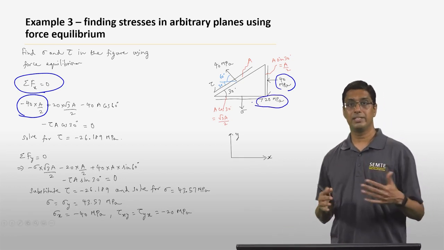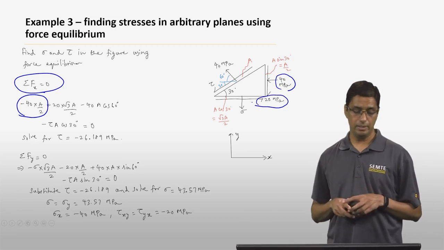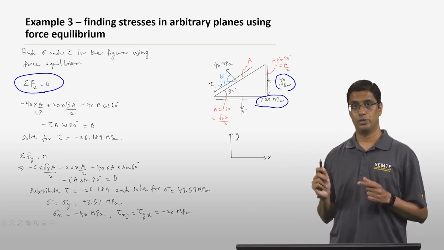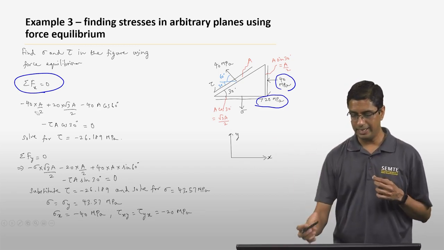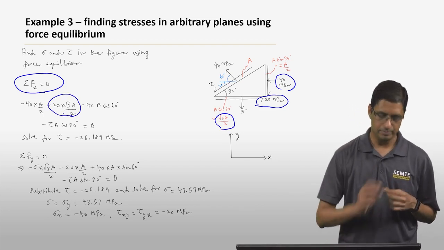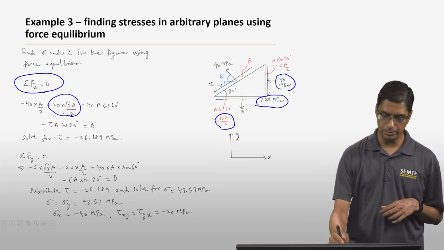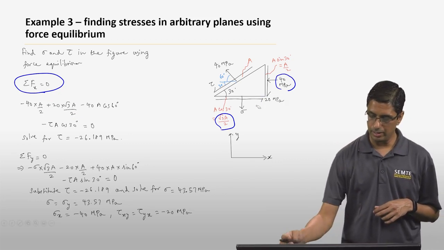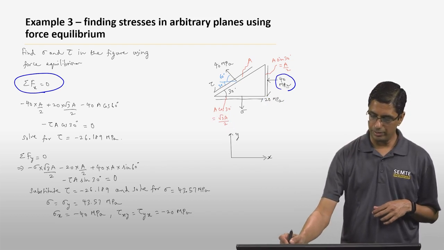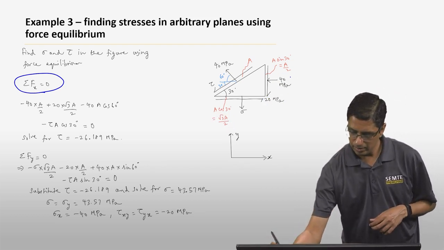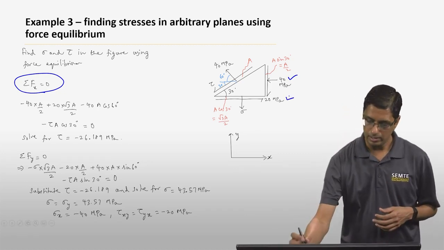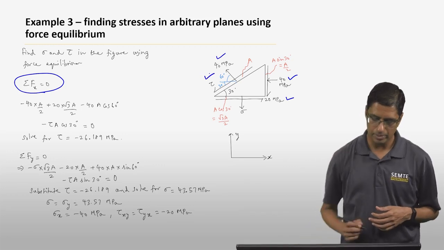That shear stress is 20 MPa, and it is in the positive x direction. So it's 20 MPa times the area, which is root 3A over 2, and that is this term. That corresponds to this stress here. So we have accounted for this stress and that stress. Now we have to account for this stress and that stress.